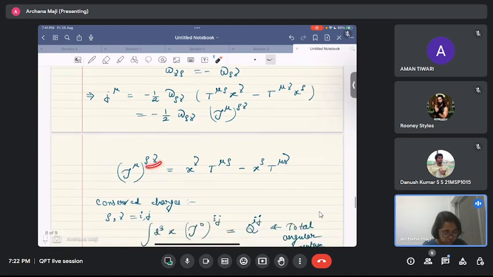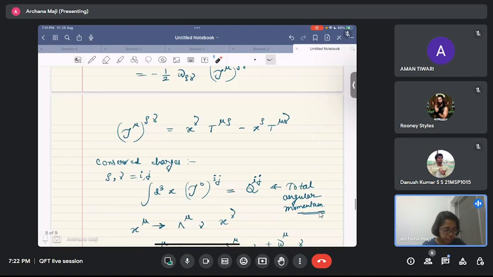Now this rho and nu are telling you along which directions you are performing the Lorentz transformation. If rho, nu both are ij, it means you are performing rotation. And if one is 0 and another is i, it's the boosts.